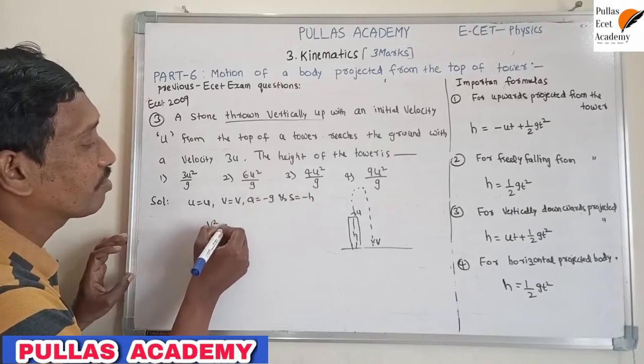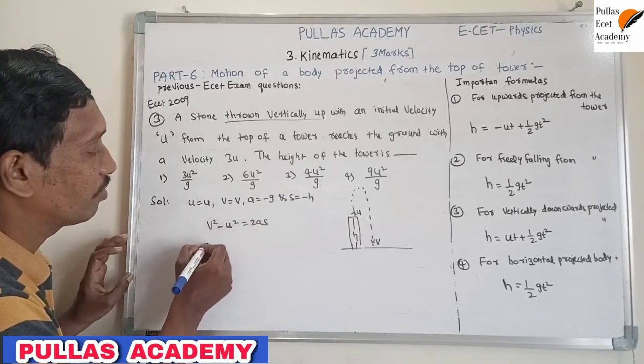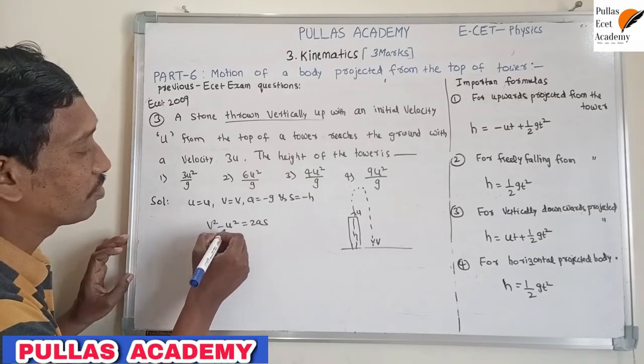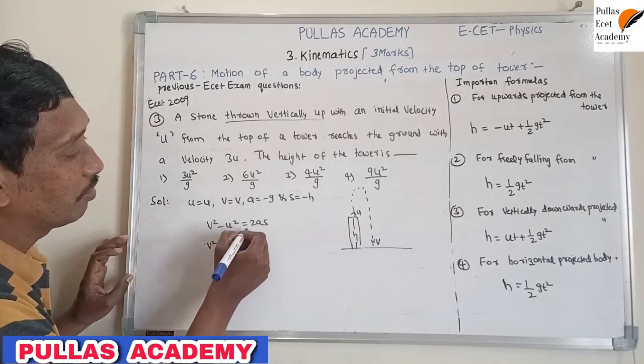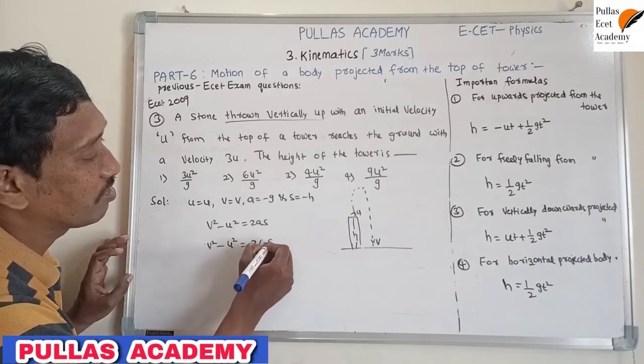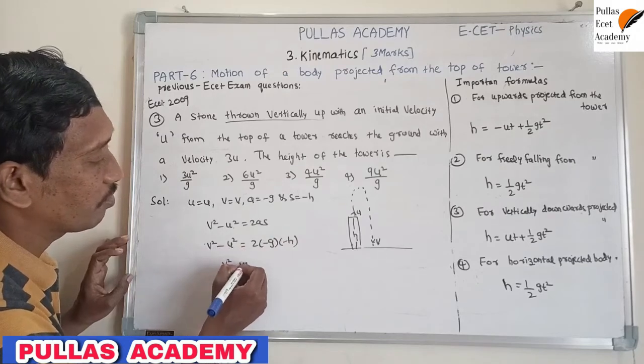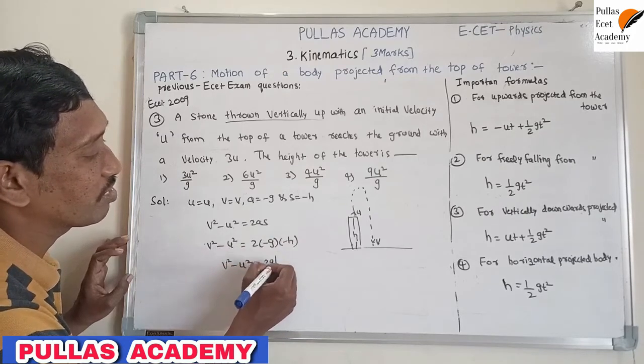The third equation is v square minus u square is equal to 2as. So v square minus u square is equal to 2 into minus g into minus h. Finally you get v square minus u square is equal to 2gh.